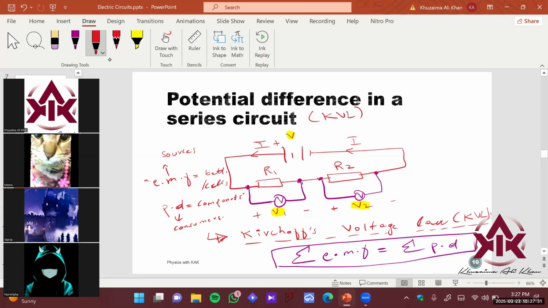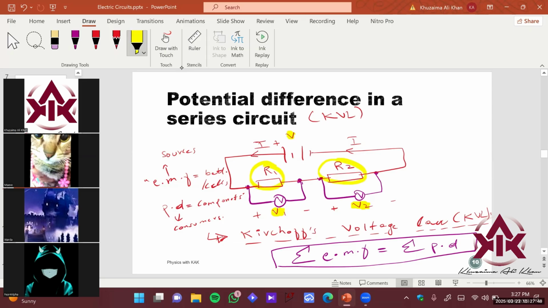So in this circuit, you can see that the source which is pushing the charges to move is only one, that is V. And the components which are consuming the energy and converting it into heat energy are two, which are this and this one.